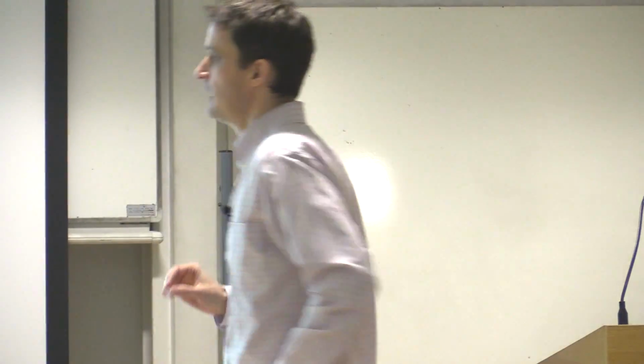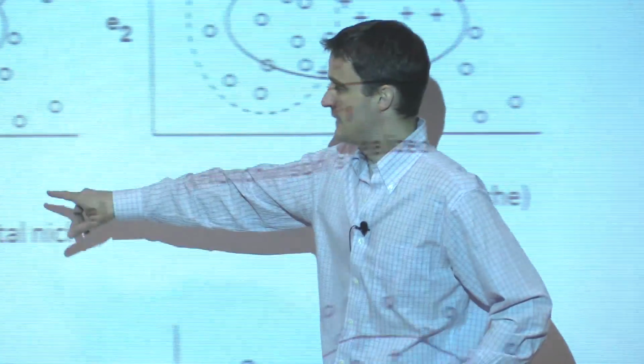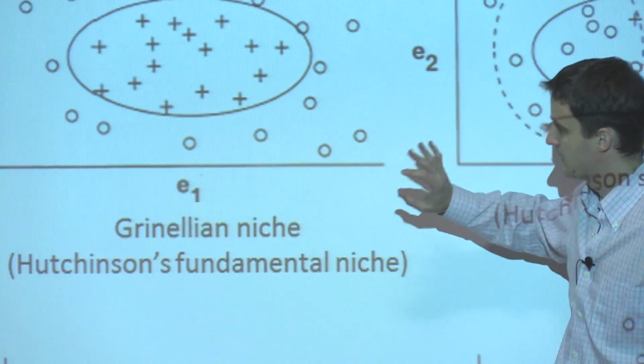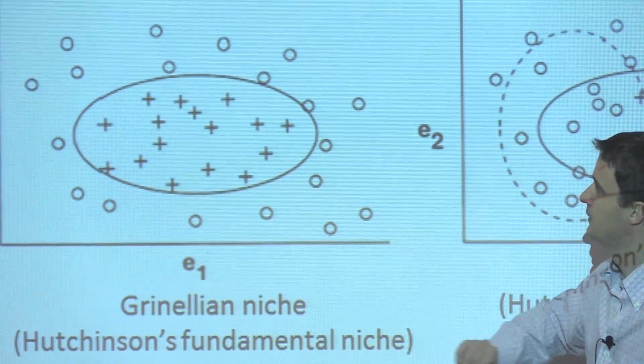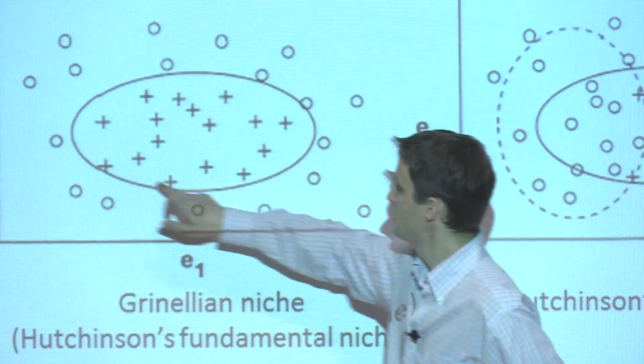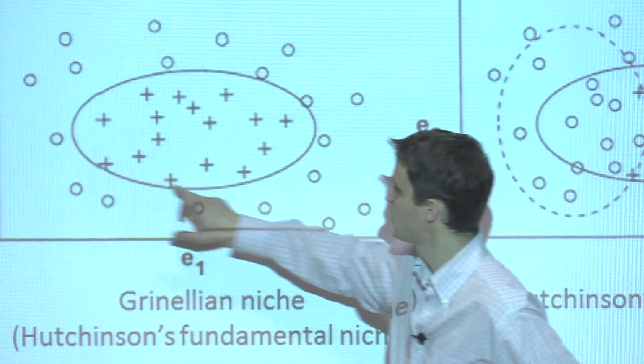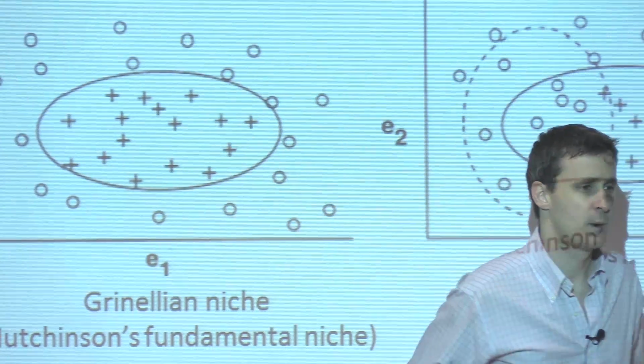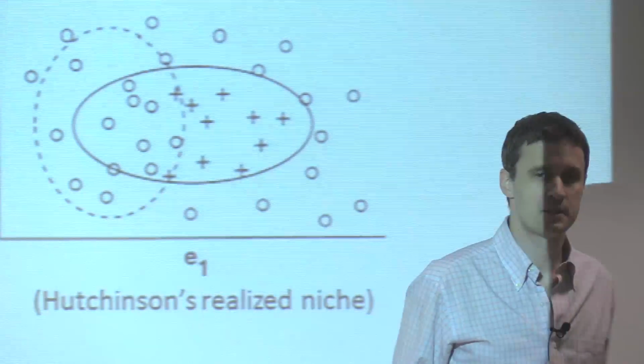Okay, so this is a classic. I've already mentioned Joseph Grinnell and Hutchinson. This is one way of visualizing it. The classic Grinnellian niche, or the fundamental niche, is to conceptually say, well, let's just draw some sort of shape around our occurrence records, and within that space, that's where we're going to find the species, where a particular set of conditions are satisfied.